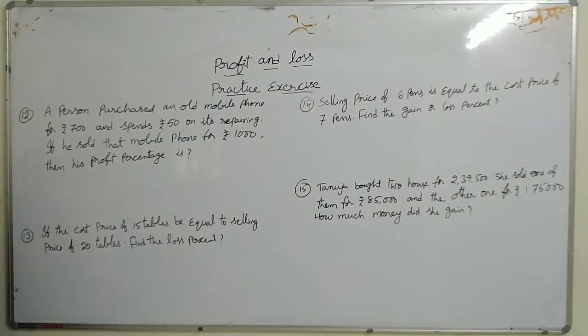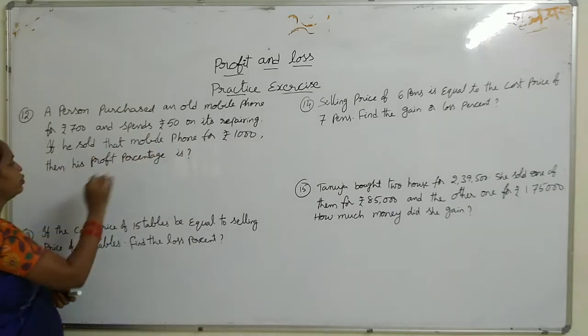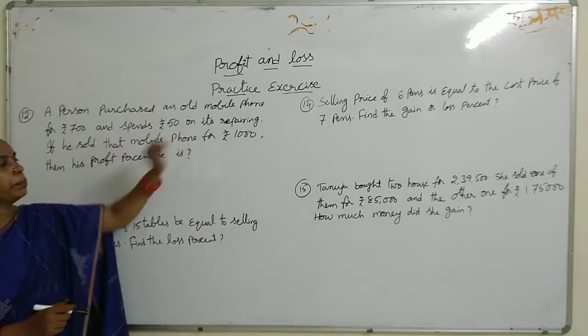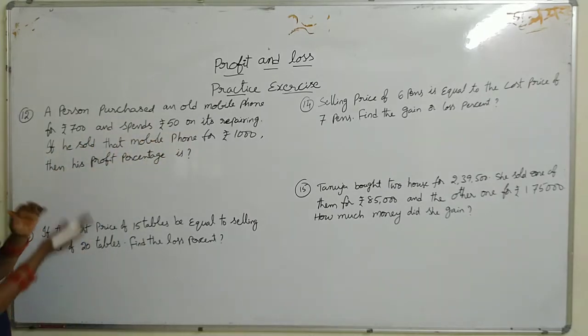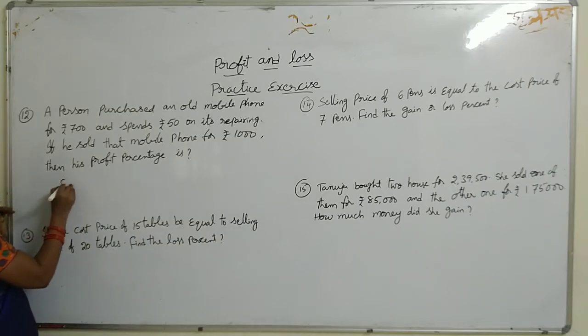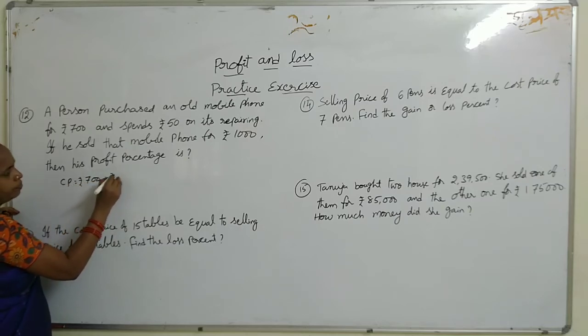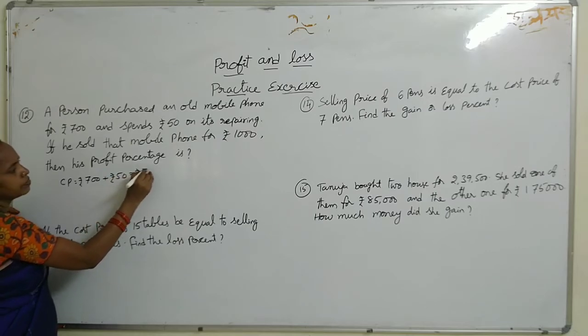Question number 12. A person purchased an old mobile phone for 700 rupees and spent 50 rupees on its repairing. If he sold that mobile phone for 1000 rupees, then his profit percent is. So he bought for 700 rupees and spent 50 rupees for repairing. So repair cost is also included in cost price. Therefore cost price equal to 700 plus 50, that is 750 rupees.